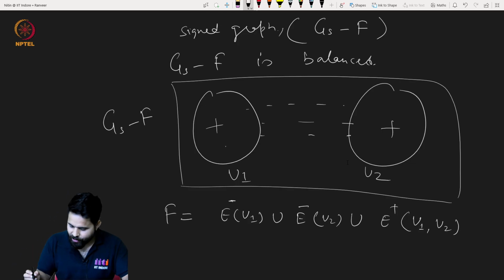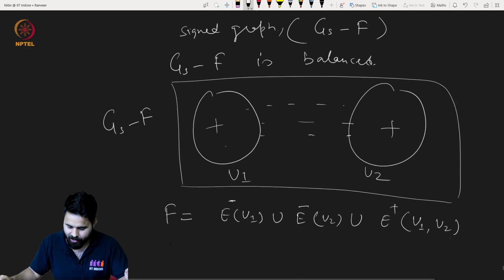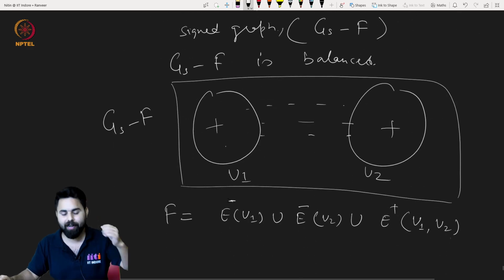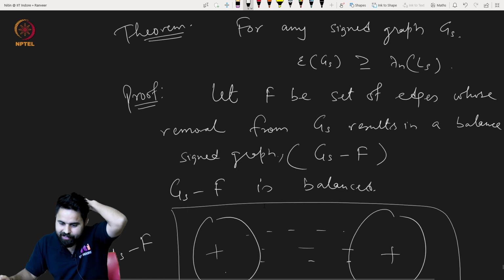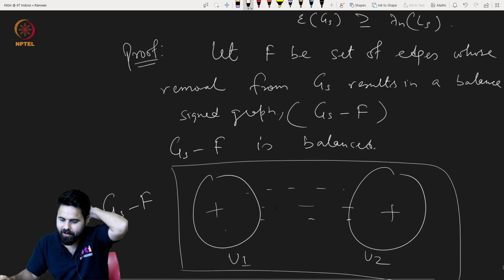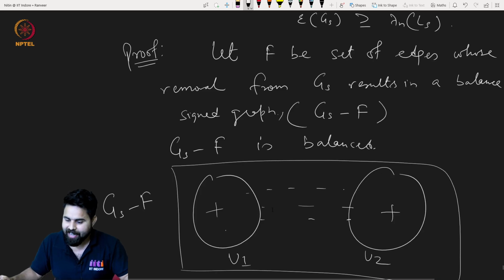Now using this, how can we claim that this number of edges, mod F, is always greater or equal to the smallest eigenvalue of the Laplacian matrix of the signed graph?